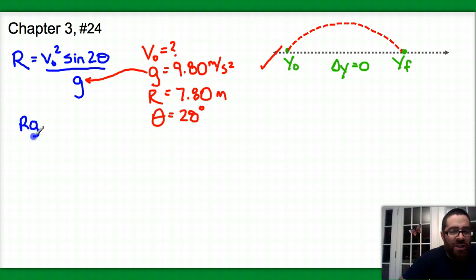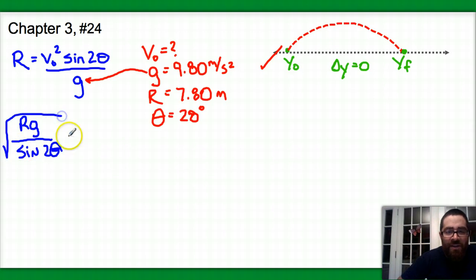I get rg, and I'm going to divide both sides by the sine of 2 theta, and there we go. And I'm going to take the square root of both sides, and that's going to basically give me an expression for my initial velocity, and that's what I'm looking for. I know that this angle theta was 28 degrees, but how fast was I going when I took off? So this expression that I've written here describes that in terms of the range equation.